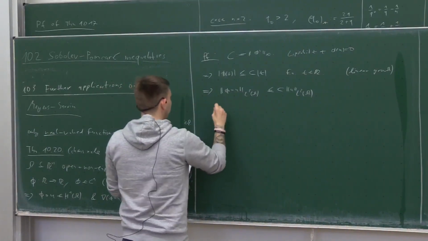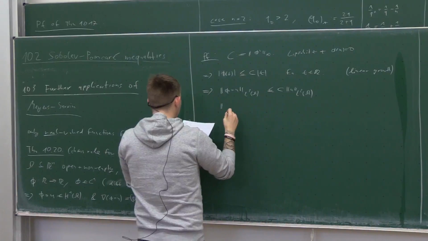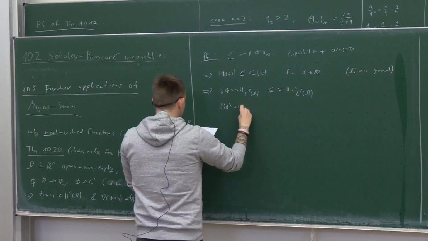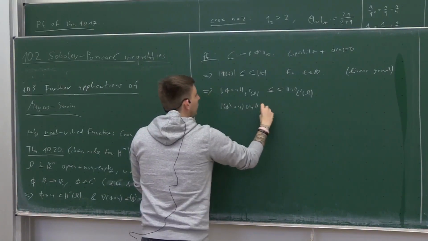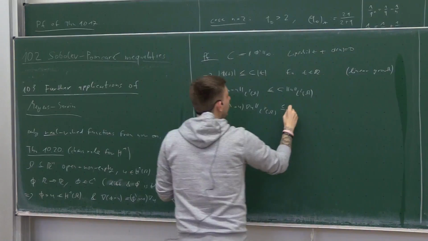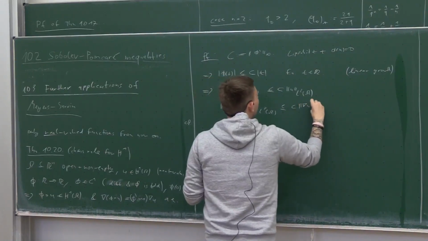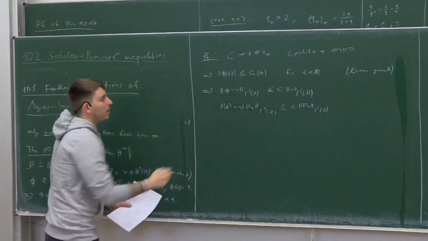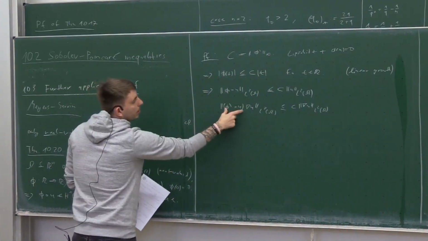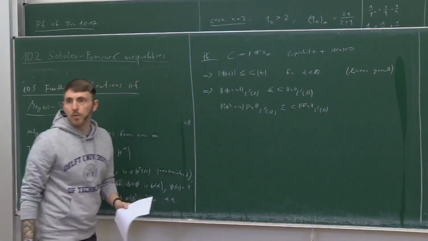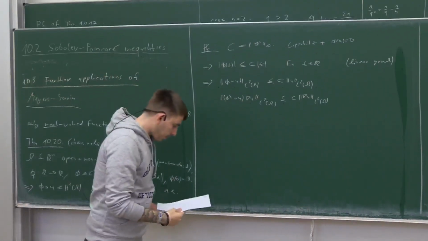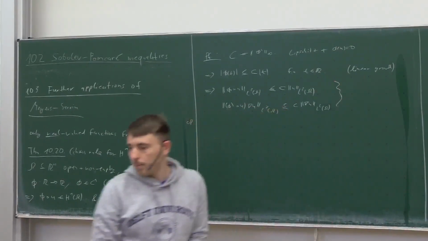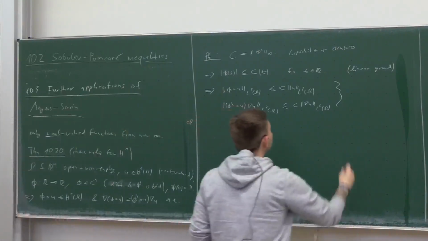And also you get that phi prime after u times the gradient of u in L2 norm of Omega is bounded by C times the gradient of u in L2 of Omega. Why is this? Phi prime is bounded by C, so you pull it out and you remain with the gradient of u. Let's call these two estimates star.